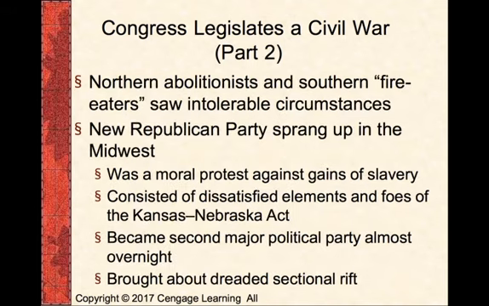Northern abolitionists and Southern fire eaters saw intolerable circumstances, and from this, a new Republican Party sprang up in the Midwest. The new Republican Party was a moral protest against the gains of slavery, and it consisted of the dissatisfied elements and foes of the Kansas-Nebraska Act.